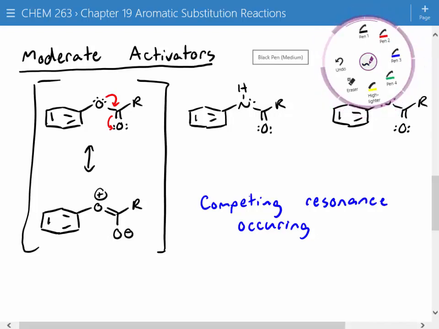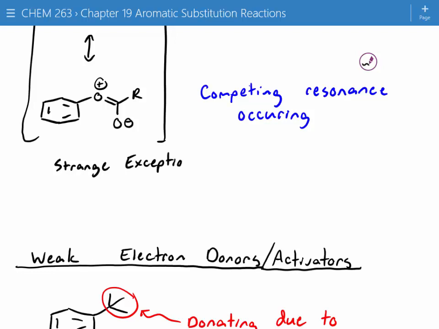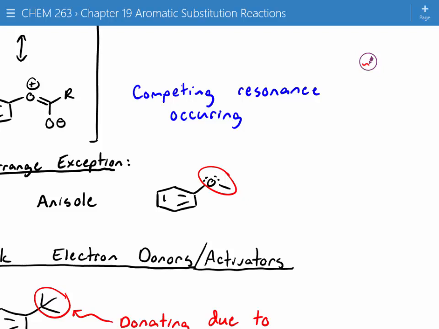The weird exception to this, there's a lot of exceptions in this chapter. Does anybody remember the name of this parent group? Anisole. Anisole is a moderate activator.